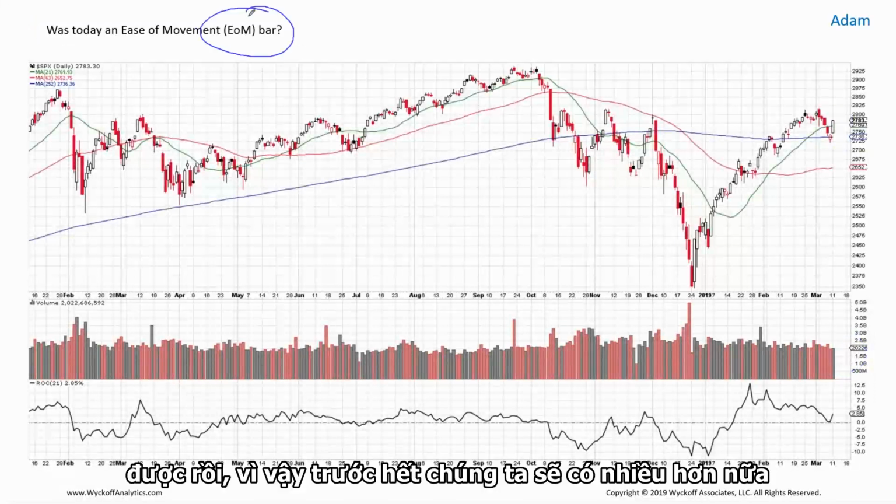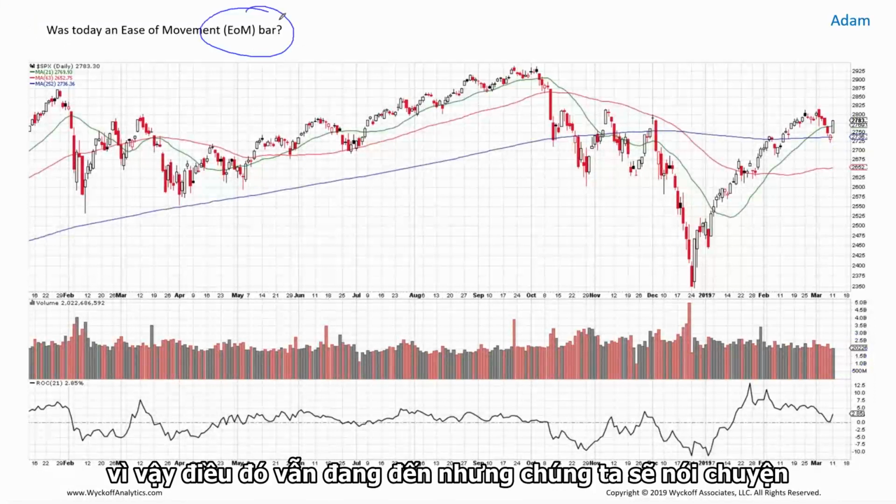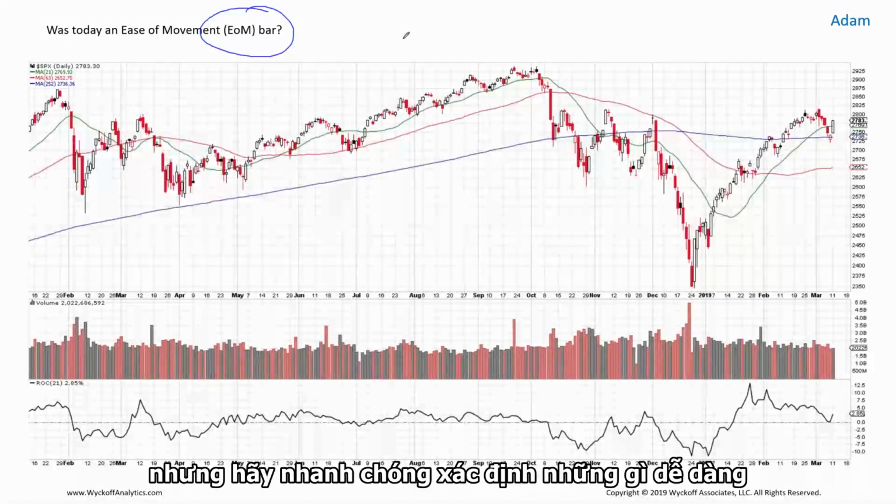So first of all, we'll have more material on ease of movement. That's still coming, so we'll talk about this in the next session. But let's quickly define what ease of movement is.